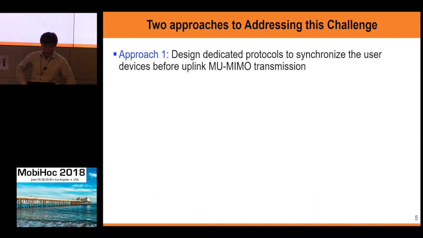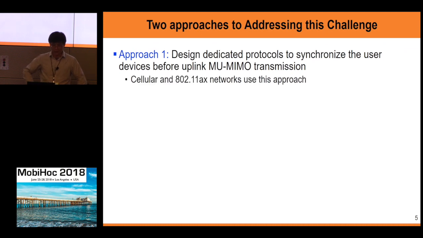To address this challenge, there are two approaches. Approach one: we can develop a dedicated synchronization protocol to synchronize the user devices. The cellular network uses this approach. It has a dedicated protocol, timing advance, to synchronize the cell phones, and because the cellular network is centralized, it can be done. 802.11ax, the next generation Wi-Fi, has a similar idea.